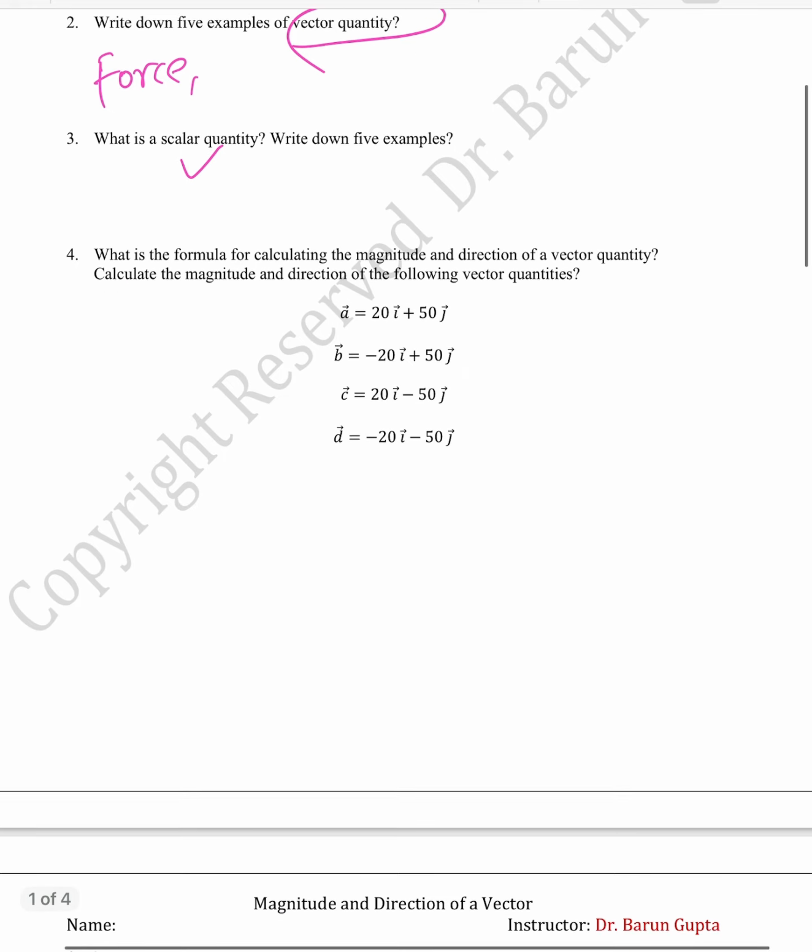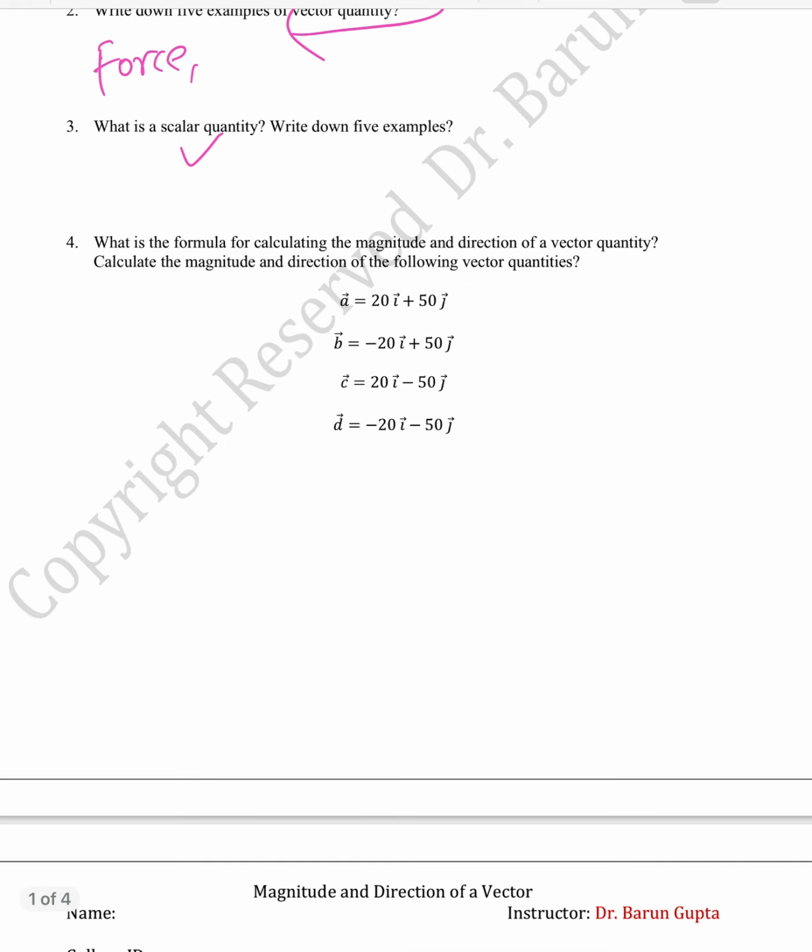What is the formula for calculating the magnitude and direction? Let's say you are given a vector here. Let's try to understand what this vector means, and then we'll calculate the magnitude and direction. If I represent any vector on a Cartesian coordinate system, this is my x-axis, this is my y-axis, and I have 20i.